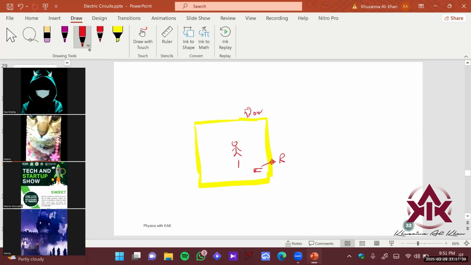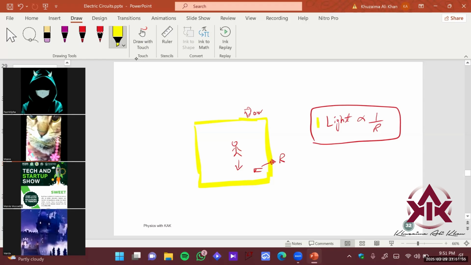As soon as a person tries to cross the door, they block some light, and the light has a relation with the resistance of the LDR. If you have a darker shadow over the LDR, that decreases the light density upon it, and the resistance is going to go higher, right?